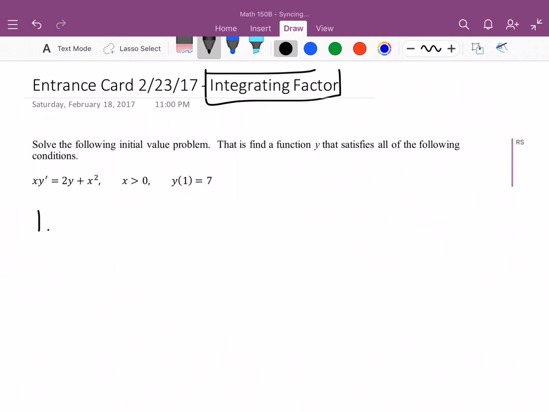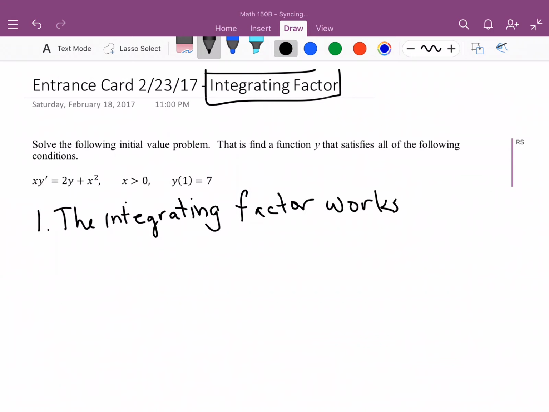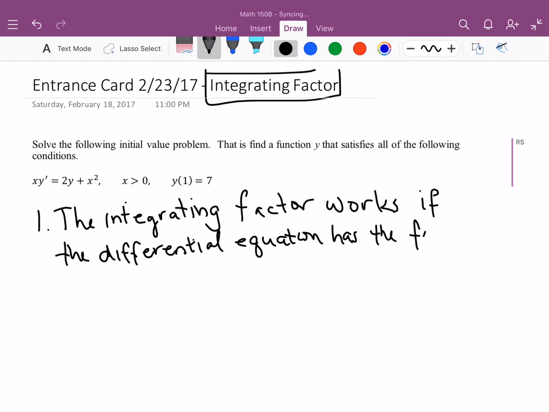if the differential equation has the form, and here we go, it has to look like this.